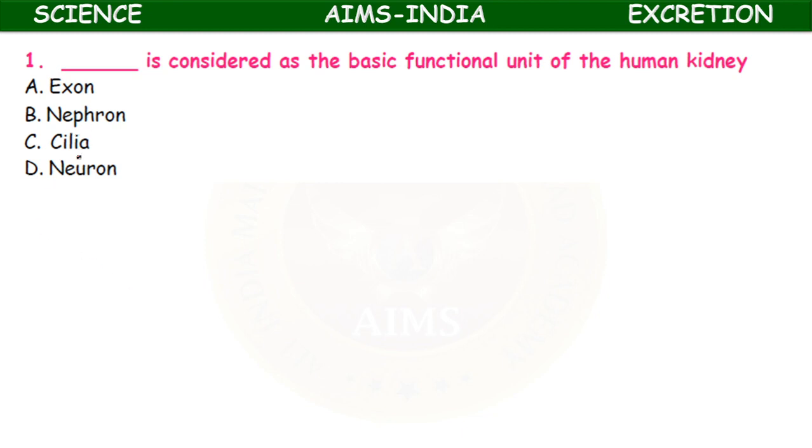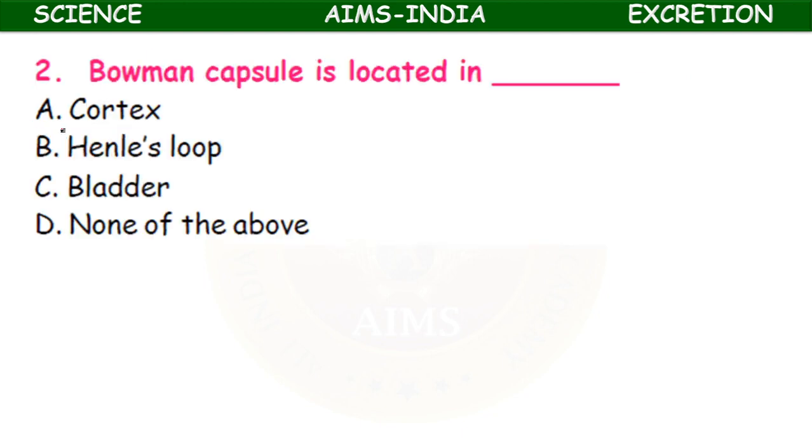Axon, nephron, cilia, neuron. So it is the nephron. Bowman's capsule is located in cortex, Henle's loop, bladder, none of the above. It is present in the outer region, cortex.